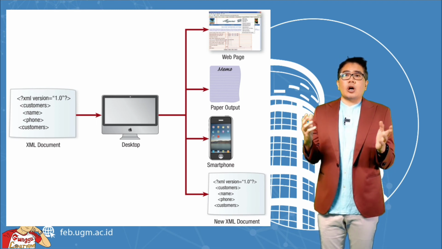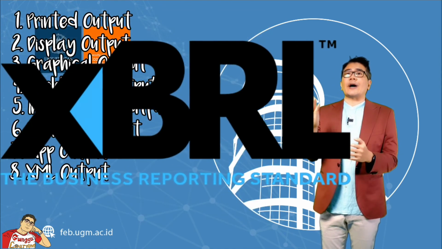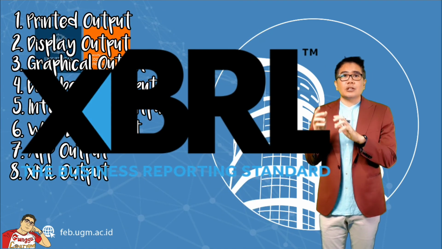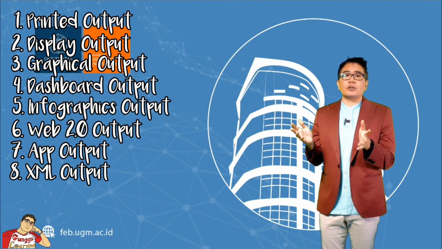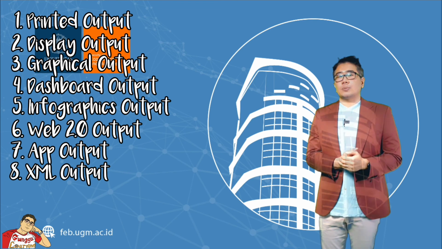Another example of XML output design is the financial statement that uses XBRL, or Extensible Business Reporting Language, to produce the output. Well, I guess that's all that I can explain to you about designing an effective output.